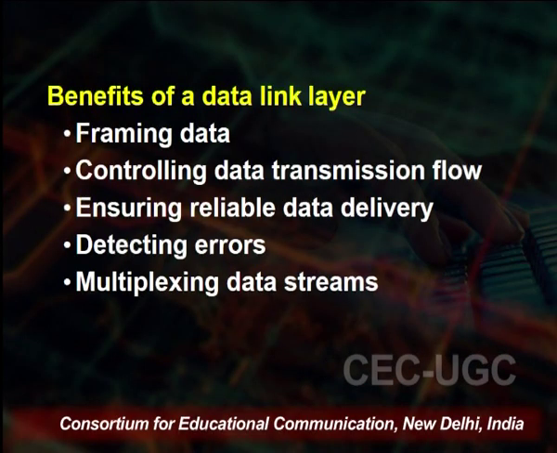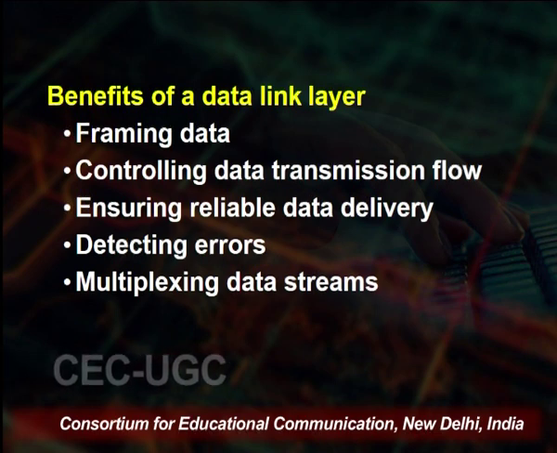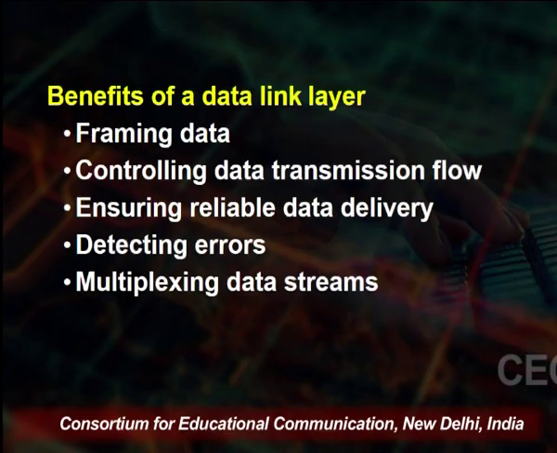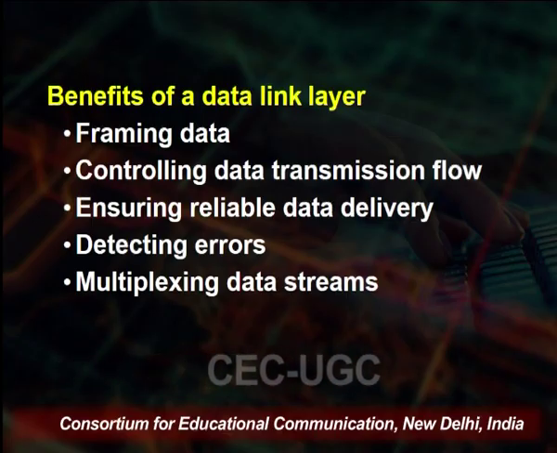Now, we looked into the functionalities of the data link layer as a whole, and just now I gave the idea that this is the macro level functionality. When we look into the micro level functionality, we have different points. One is framing the data, then controlling the data transmission flow, ensuring reliable data delivery, detecting various errors and multiplexing data streams, the details of which we have already seen in our previous lecture.